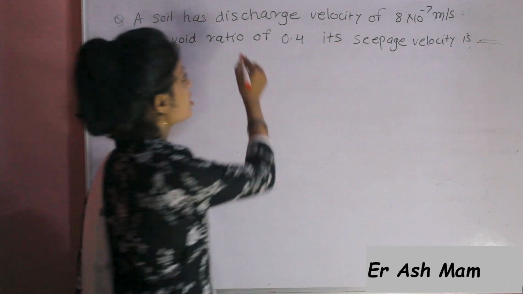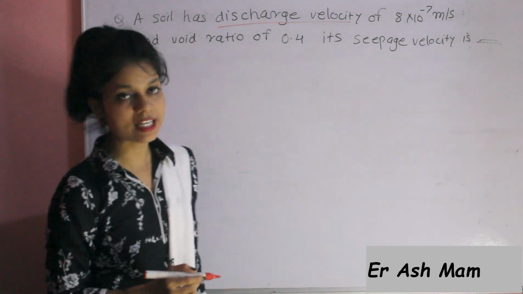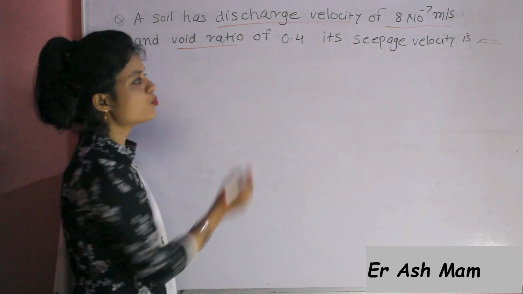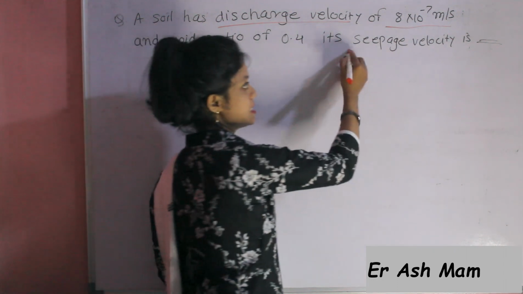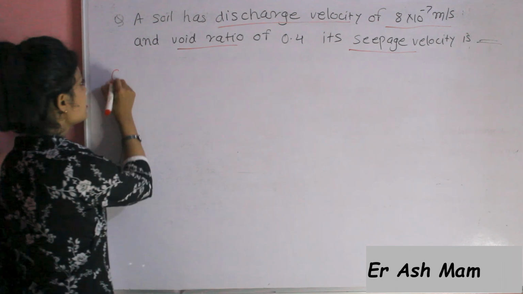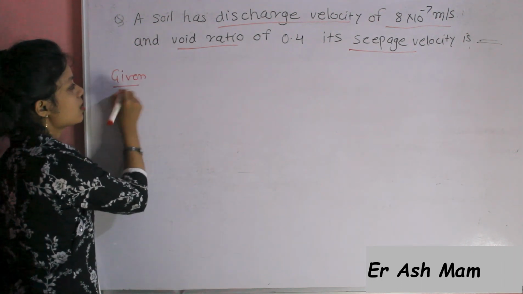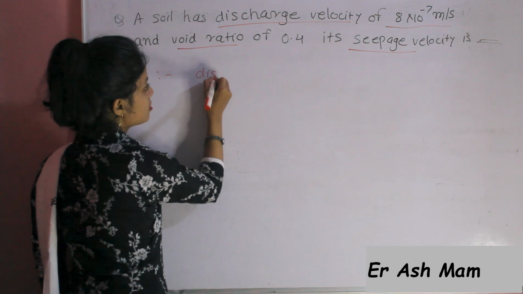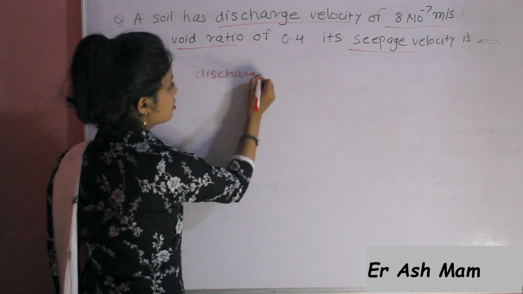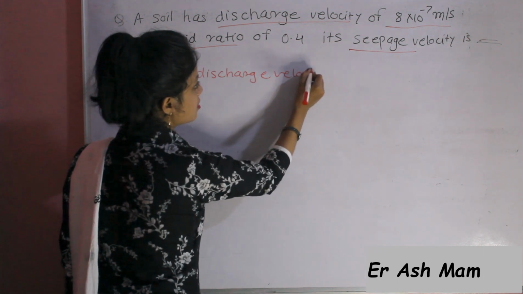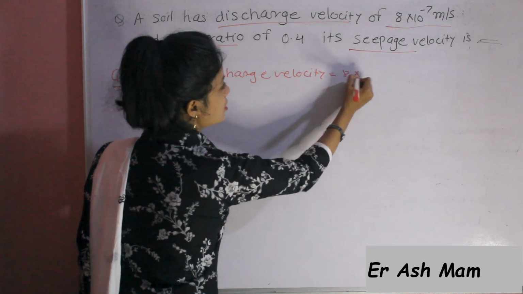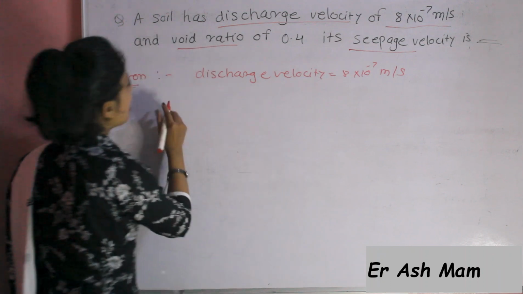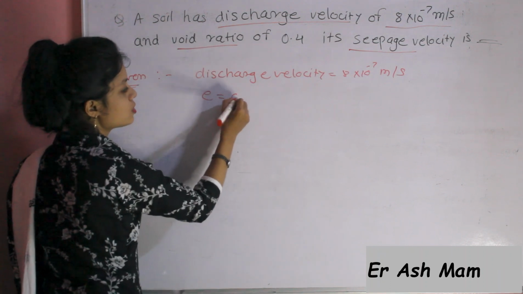A soil has discharge velocity of 8 into 10 raised to minus 7 meter per second and void ratio 0.4. Its seepage velocity is. What is given? Discharge velocity Vd equal to 8 into 10 raised to minus 7 meter per second is given, and void ratio E equal to 0.4.